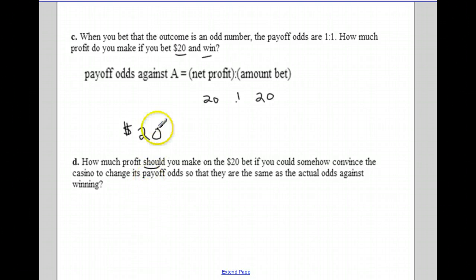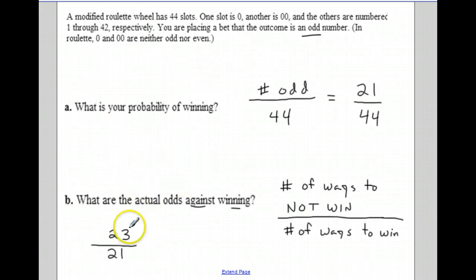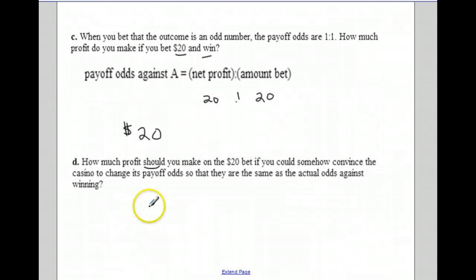Right? They're paying you payoff odds because of even odd there's a 1 to 1 chance, but they're not counting those 0 and double 0 slots. So in reality, if you go back to this last one, 23 to 21 is the actual odds against.